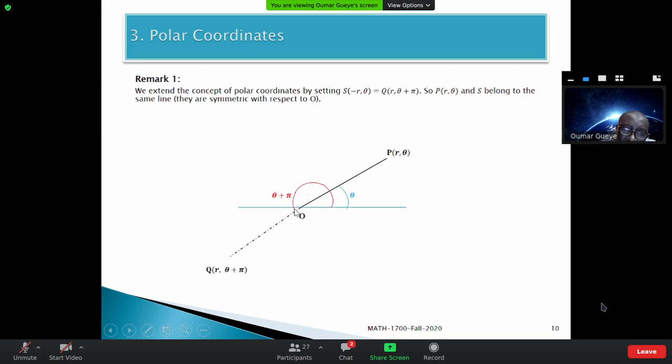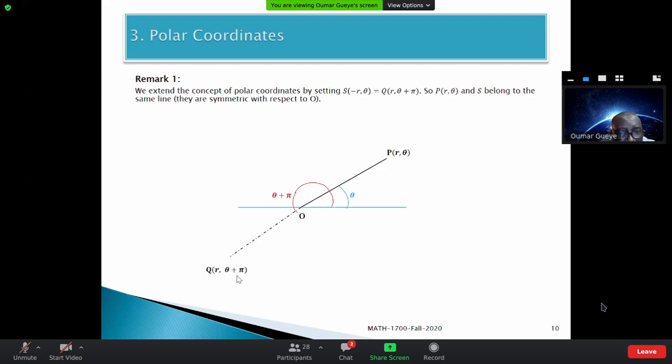And 180 degrees in radians is equal to pi. So the angle here is theta, and from here you add pi. And now the coordinates of this symmetry are r, theta plus pi.